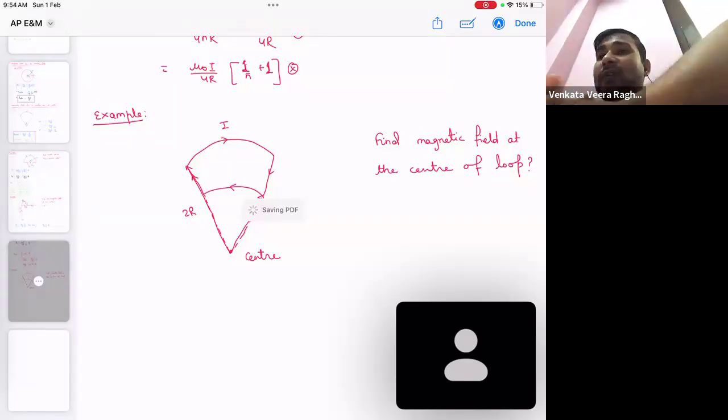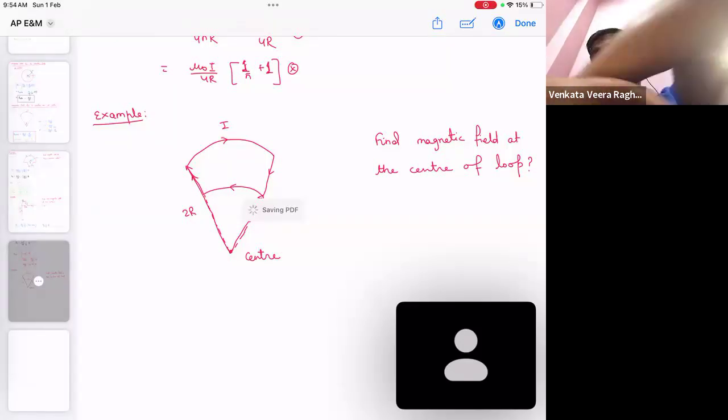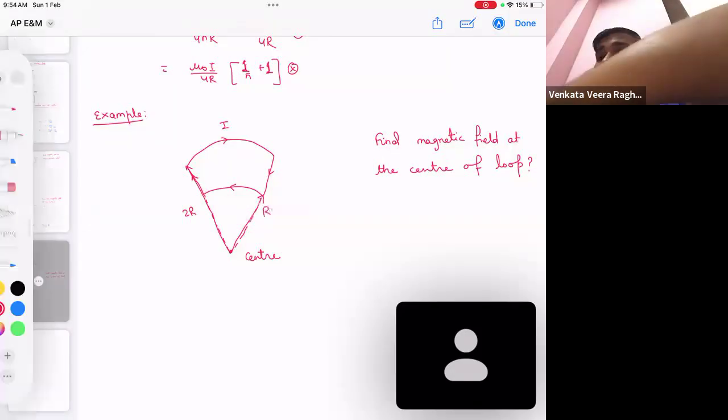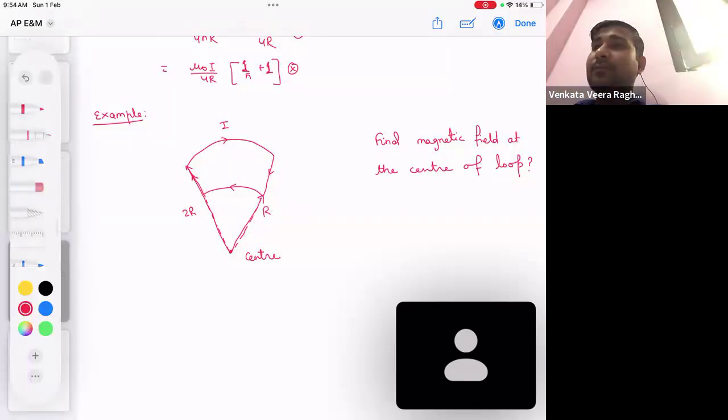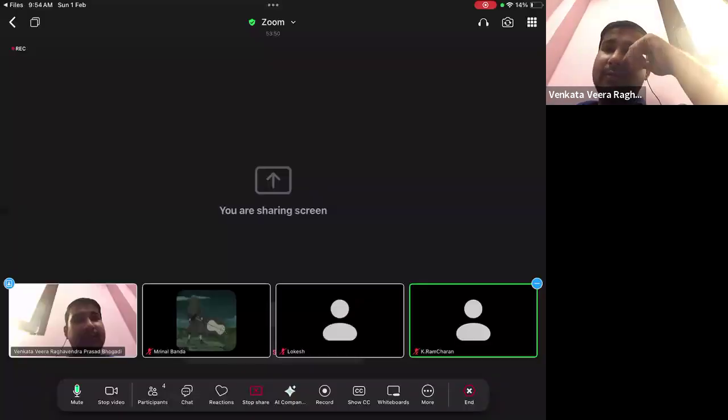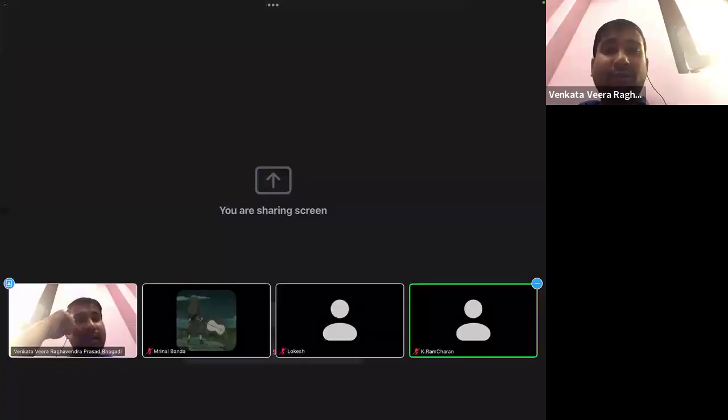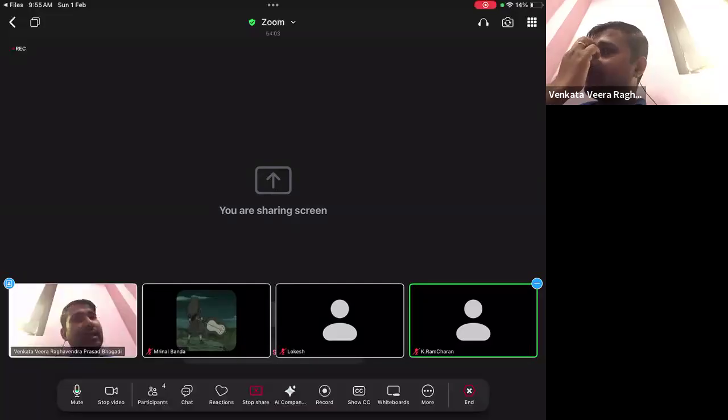Just like we used Gauss law for the electrostatic field calculation, the magnetic field calculation will be done using the Ampere circuital law. After that we will discuss magnetic force on a charged particle and magnetic force on a current carrying conductor. These things we will do after next week.